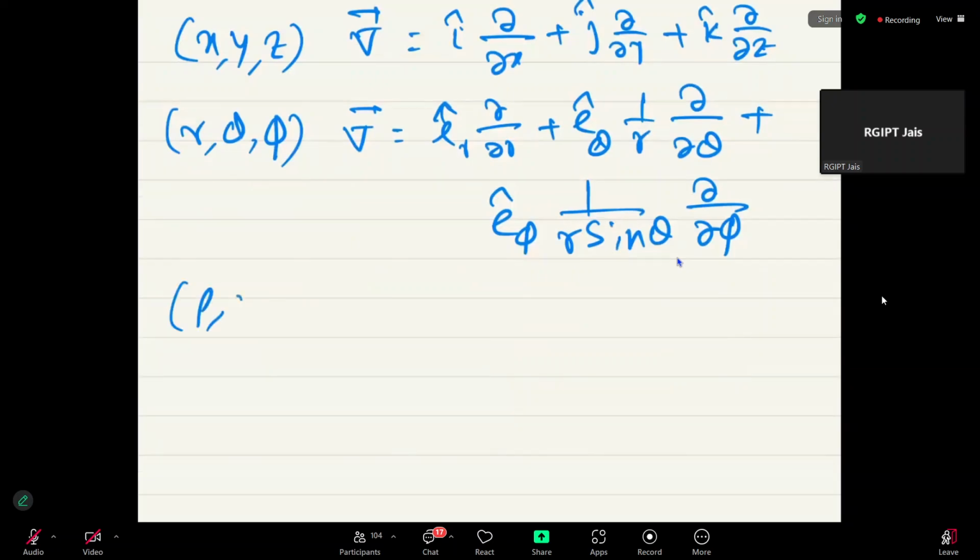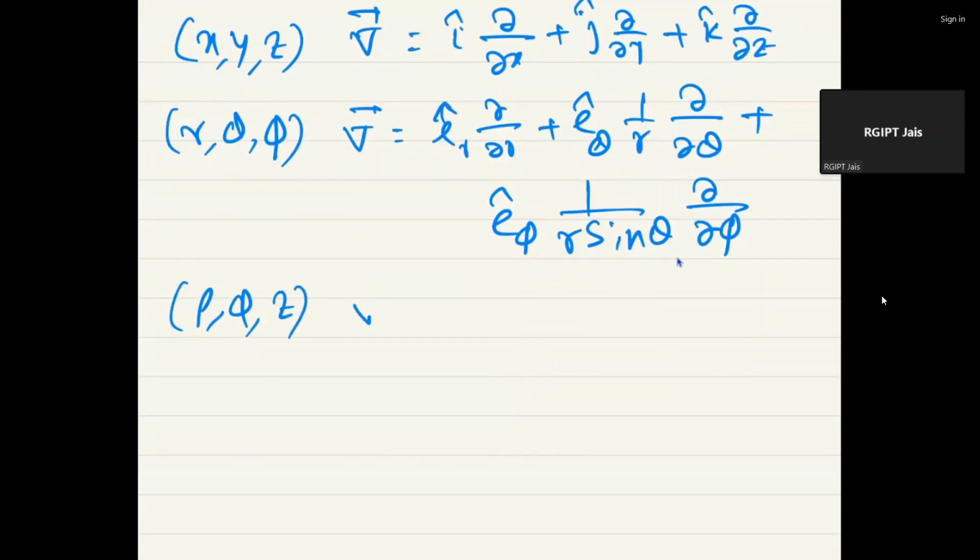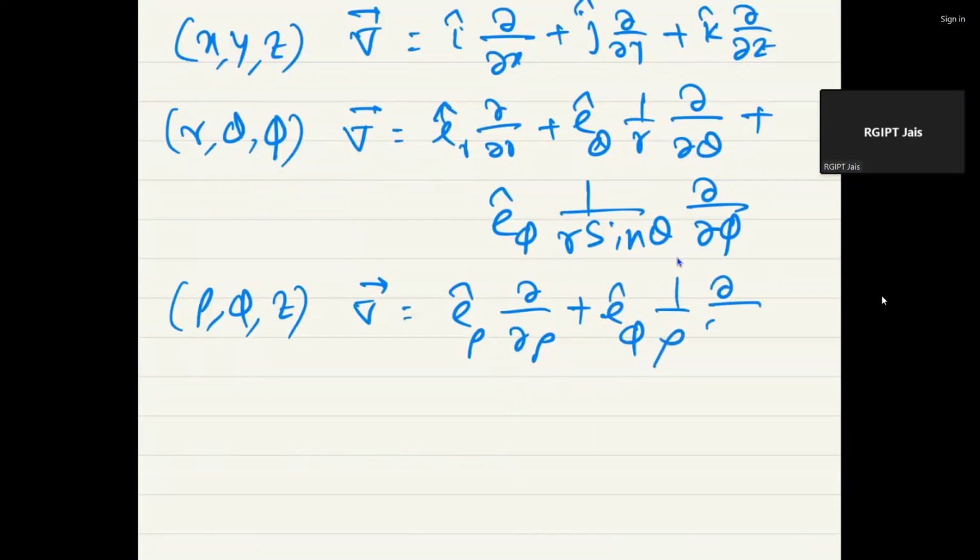In the rho phi z coordinate system, the del operator will be E rho cap del del rho plus E phi cap 1 by rho del del phi plus E z cap del del z.